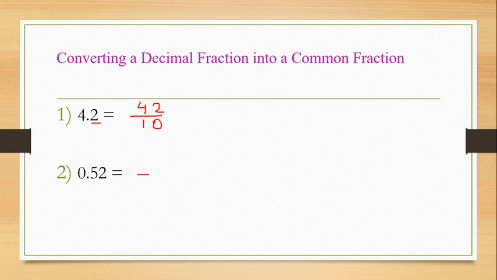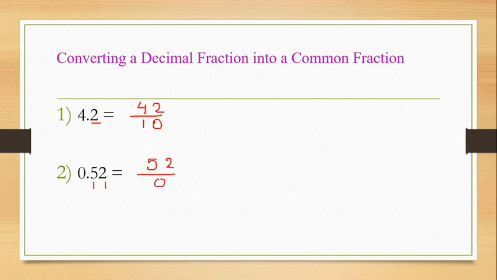Second example, we will write 52 only. We do not have to write 052 because 0 on the left side means nothing. It has a value only on the right side. How many places from the decimal point does it have to the right side? It has 2 places. This is one and this is the second one.